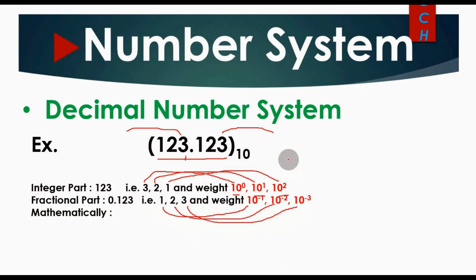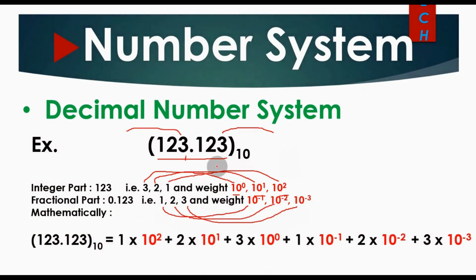It's very simple. 123.123 of base 10 equals 1 into 10 to the power 2, plus 2 into 10 to the power 1, plus 3 into 10 to the power 0, plus 1 into 10 to the power minus 1, plus 2 into 10 to the power minus 2, plus 3 into 10 to the power minus 3.